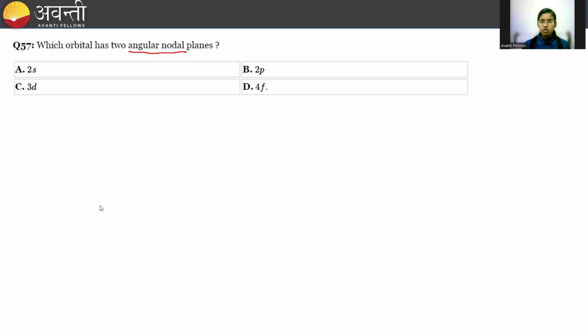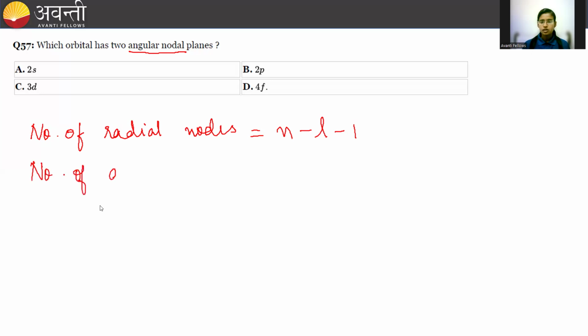Okay. So the number of radial nodes can be calculated using n minus L minus 1 formula. Okay. And the number of angular nodes can be calculated using one formula, and it will be equal to L. Okay.